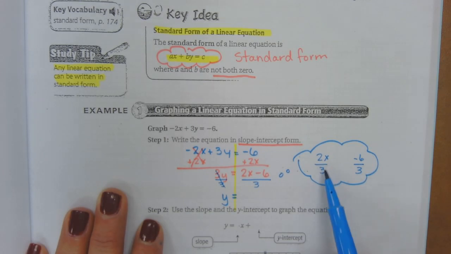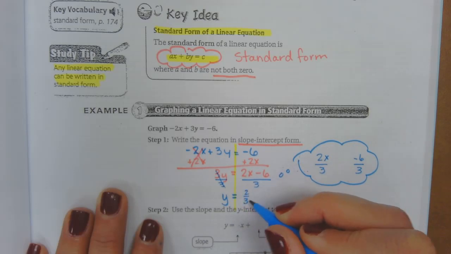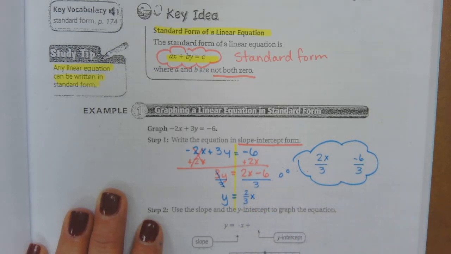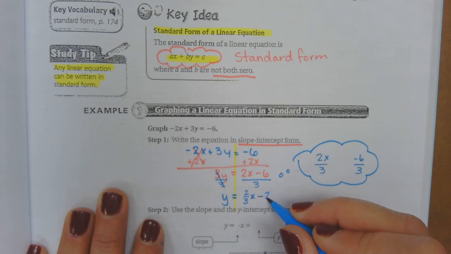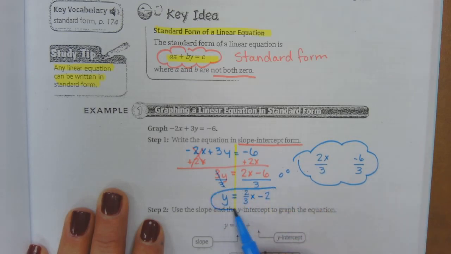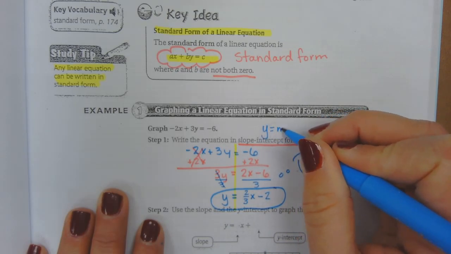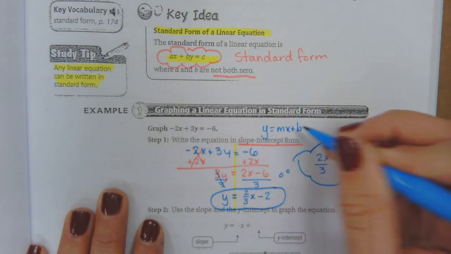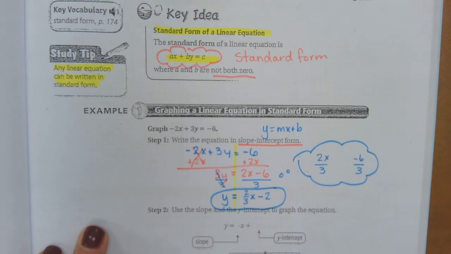So 2x divided by 3 is the same as 2/3 x. And what's negative 6 divided by 3? Negative 2. So we just put minus 2. And this would be our slope-intercept form. Remember, slope-intercept form is y equals mx plus b. And so now we are in slope-intercept form.